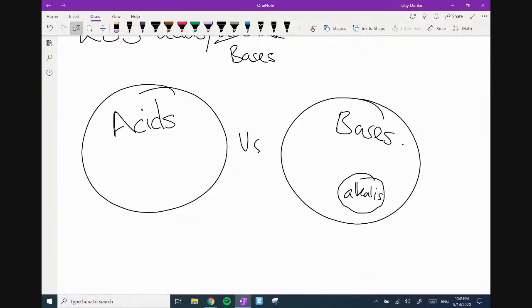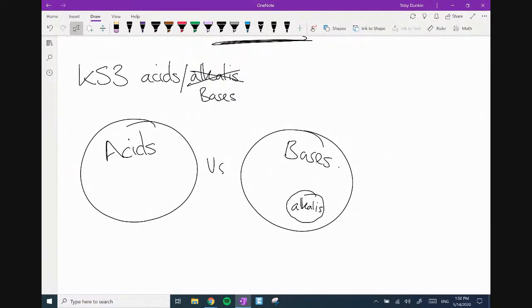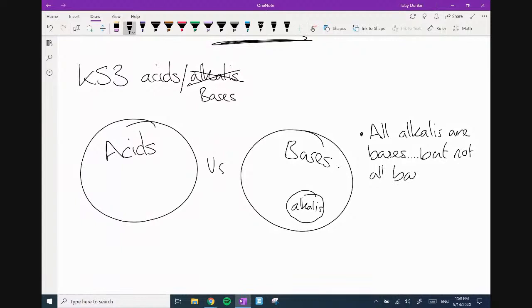Alkalis. There you go. That's what always frustrates me, because I think what most people will now realize is all alkalis are bases, but not all bases are alkalis.